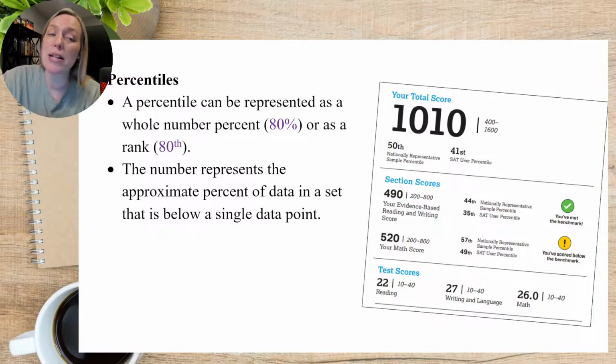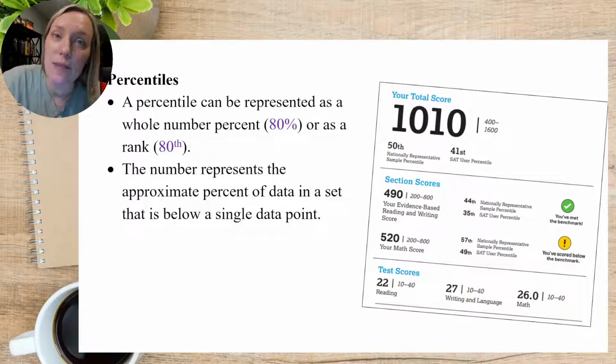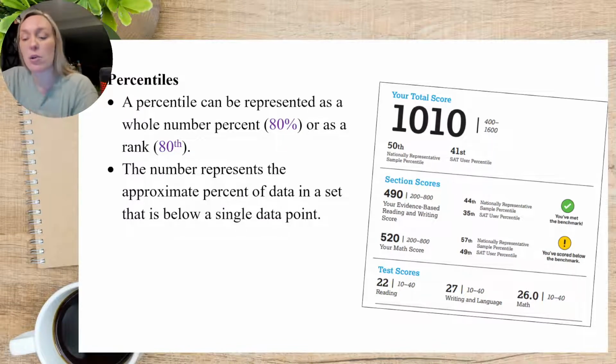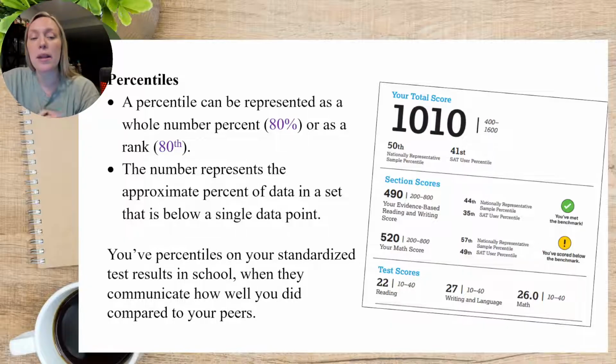The number represents the approximate percentage of data in a set that is below a single data point. Those percentiles tell you the percent of students who scored below you on your test in this example.